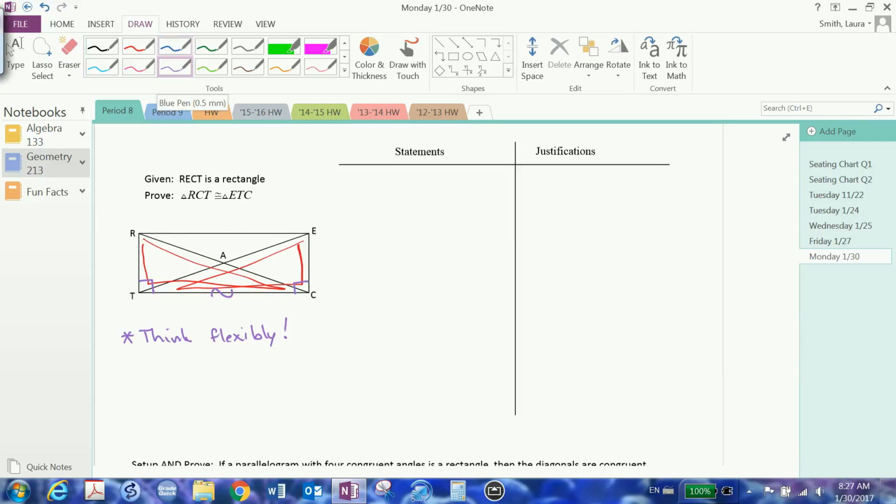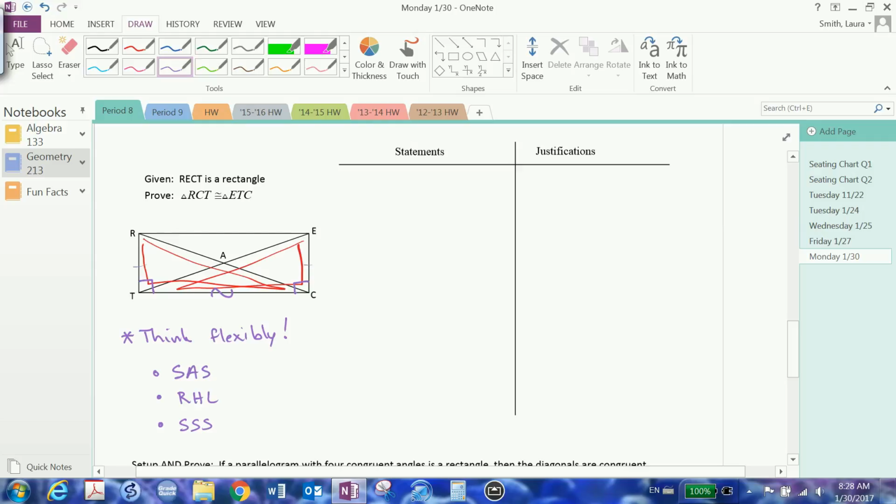Instead of doing the opposite sides congruent, I could use the reflexive side, the right angle, and I could say that the diagonals are congruent. Because in a rectangle, aren't the diagonals congruent, right? So I have choices. I could do side, angle, side. I could do RHL.